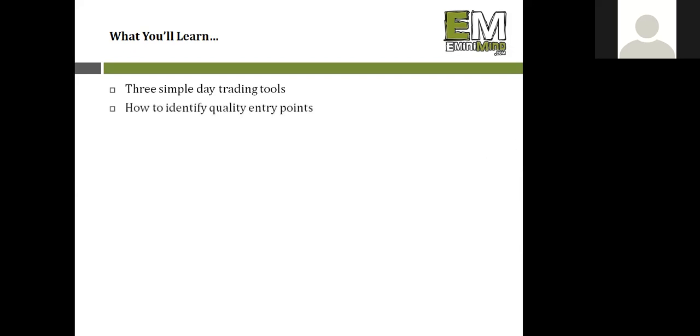So we'll talk about how I like to identify quality entry points, and how using those quality entry points, you can then get into a trade and be able to stay in those winning trades longer with some really good trade management techniques. And nothing is proprietary to any specific platform.